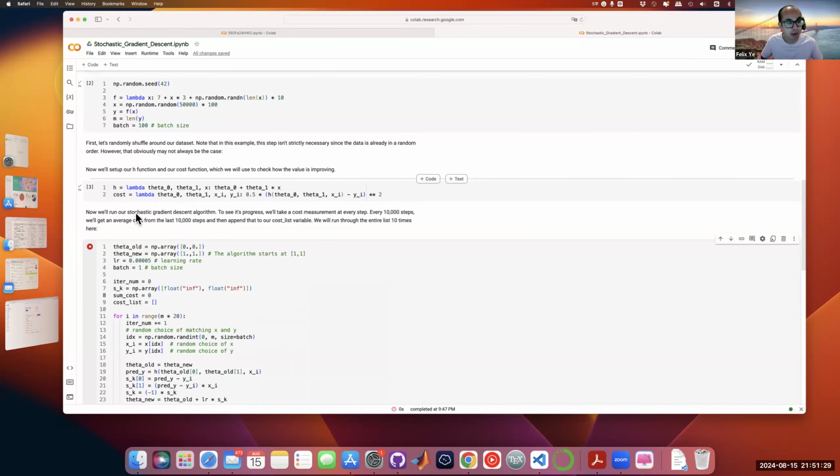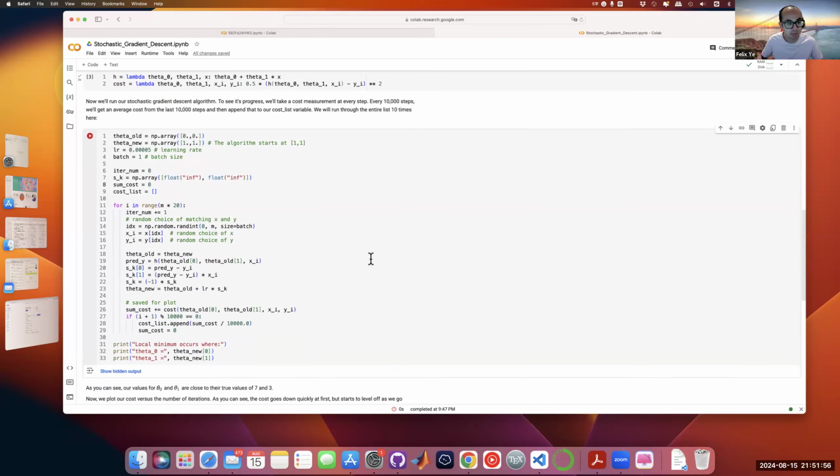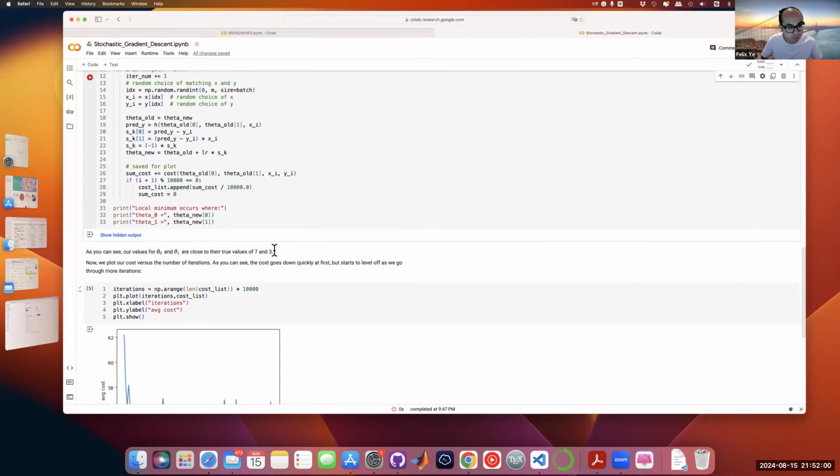We run this stochastic gradient descent algorithm, and you can see the whole progress. We take this cost measurement at each step, and every 10,000 steps we get the average cost for the last 10,000 steps and append it to this list. We run this entire thing 10 times to ensure averaged values.